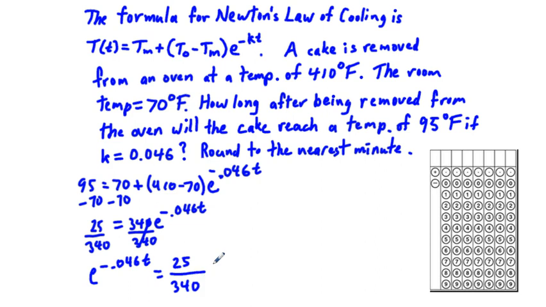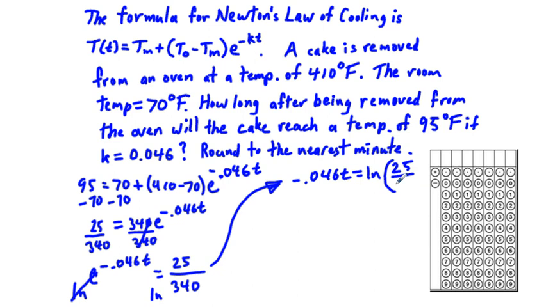And then just working up here, drawing arrows. If we take the natural logarithm of both sides, put ln, the ln and e cancel each other. So we're going to have negative 0.046 t is equal to the natural logarithm of 25 over 340.